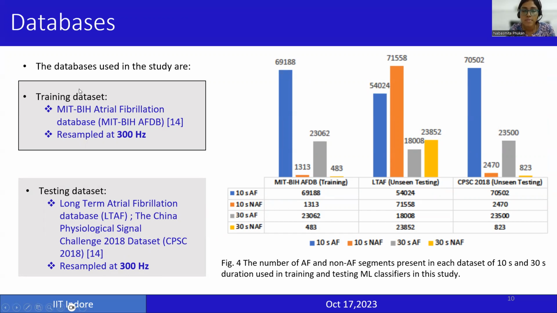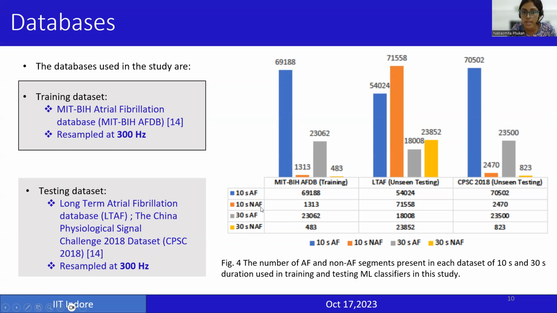Now, each of these databases has different numbers of atrial fibrillation and non-atrial fibrillation segments based on the segment durations, which is given in this figure. You can see that these represent the number of AF segments present in MIT-BIH, LTAF, and CPSC for 10-second duration.